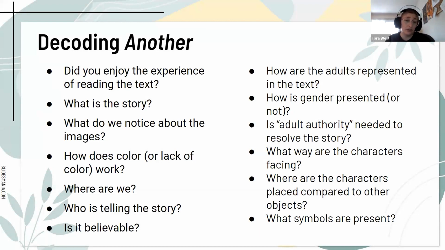You might want to focus on where we are, setting-wise. Where could we be? You might want to focus on whether the story or the images that you are coming up with and figuring out are believable to you. You might want to focus on how the other characters are interacting with each other, and what that might be telling us. These are just here as extra questions to help you if you get stumped with the first 4.